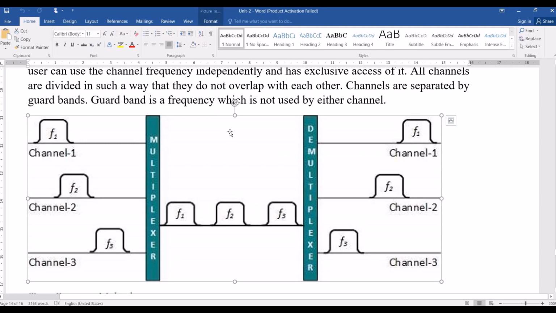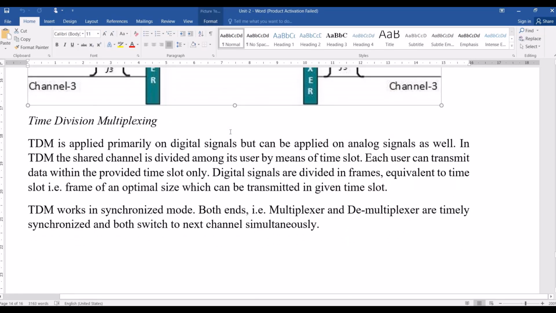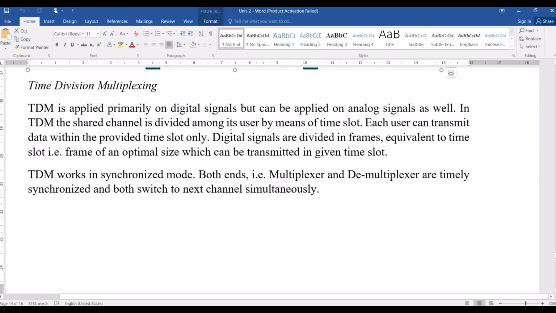Okay, and the next one is time division multiplexing. In time division multiplexing, we need to have a time to send the data. Time slots are maintained at both the multiplexer and the demultiplexer.